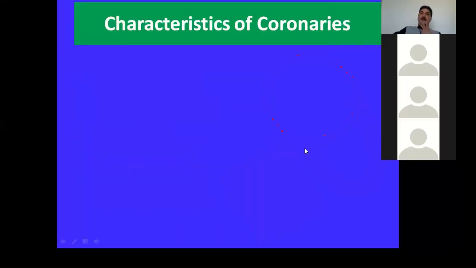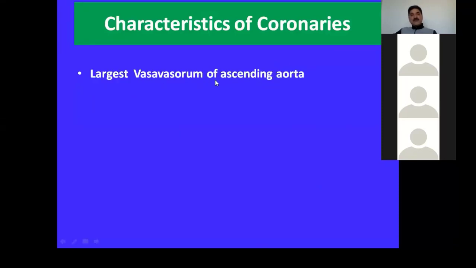Now, what are the characteristics of coronary arteries? These arteries differ from other arteries of the body. So what are the differences? Largest vasa vasorum of the ascending aorta. So what is vasa vasorum? Vasa vasorum are vessels which supply a blood vessel. The heart is a modified blood vessel. So it is vessels.